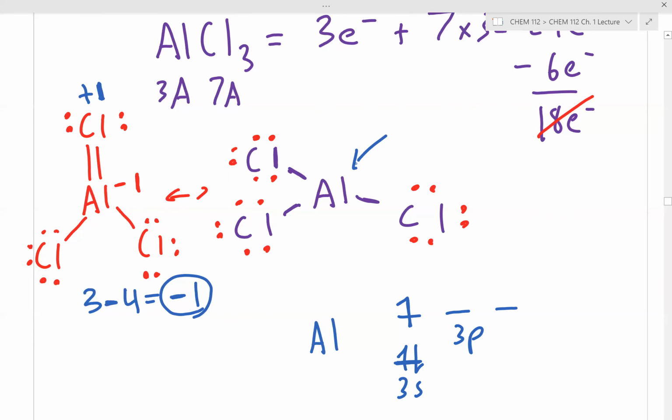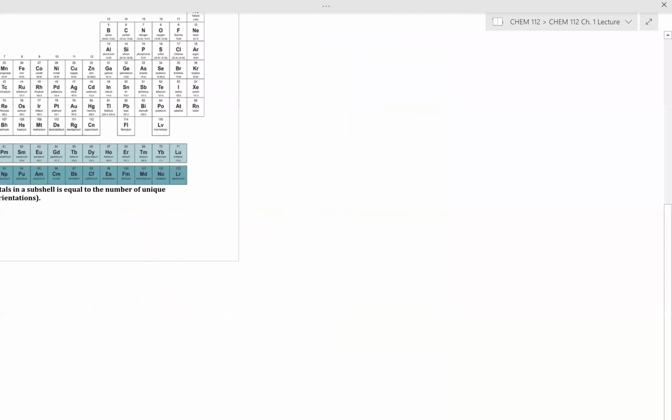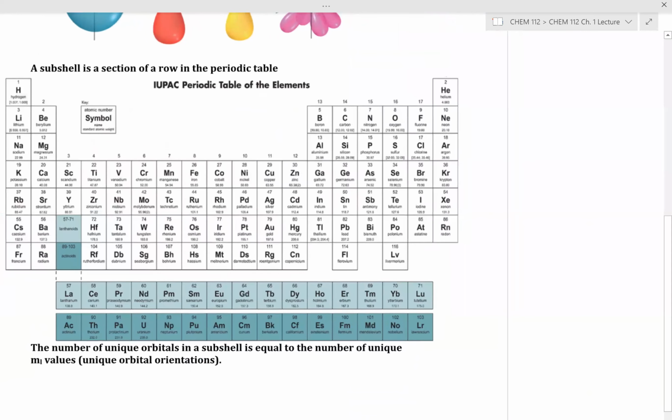Yes, because, and let's talk about that actually. If we zoom in on the periodic table, what row is aluminum found in? The 3rd, yeah. So that's why instead of a 2s and 2p as when we were discussing oxygen, it's the 3s and 3p.